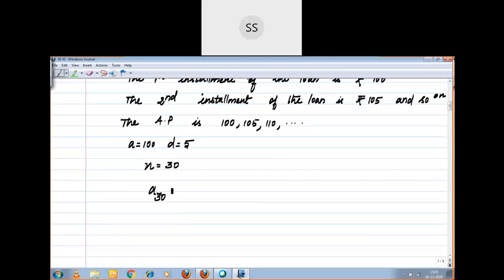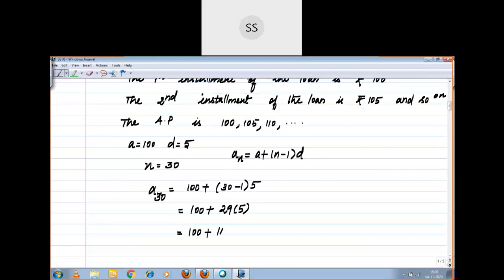First of all, what is the nth term of an AP? an equal to a plus n minus 1 into d. So a30 equal to 100 plus 30 minus 1 into 5. The common difference is 5. So 100 plus 29 into 5.